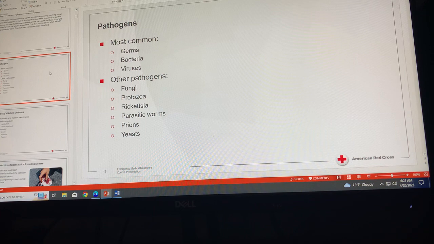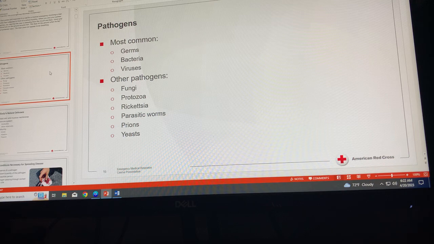A few examples of bacteria will be meningitis, scarlet fever, strep throat, tuberculosis, gonorrhea, syphilis, chlamydia, Lyme disease, food poisoning, anthrax. Those are some examples of bacteria.